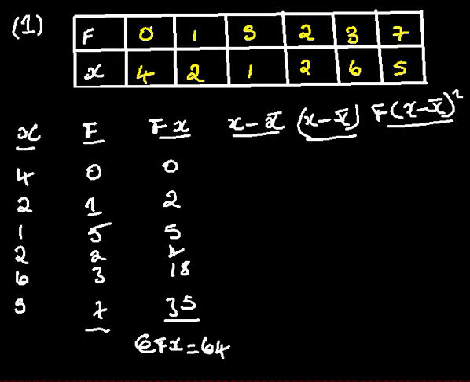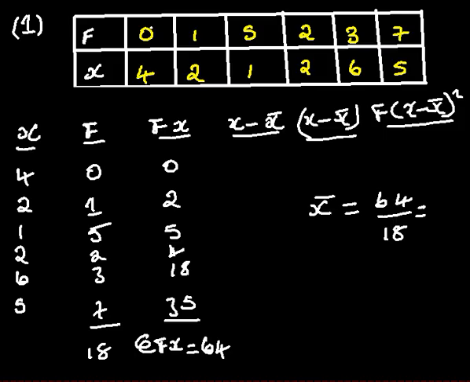And what is the summation of the frequency? So the summation of the frequency is given as, we have 6, and 6 plus 2, that is 8, and 8 plus 3, that is 11, and 11 plus 7, that is 18. Now in this case, the mean of the data, which is x bar, will be given as 64 divided by 18.